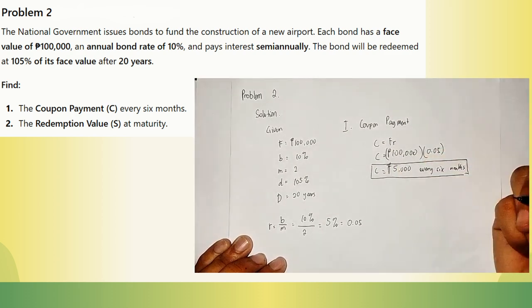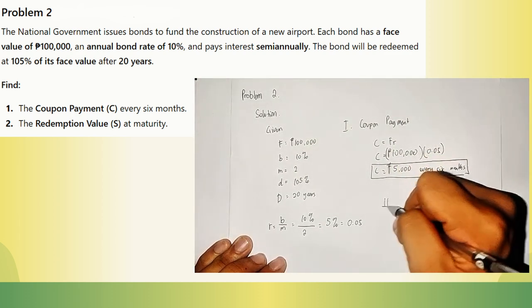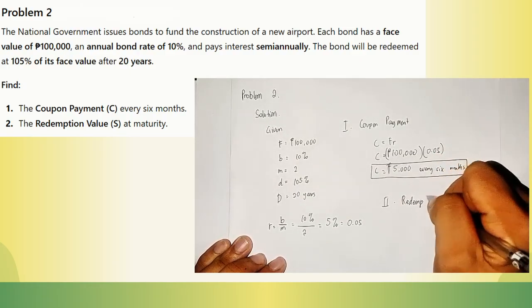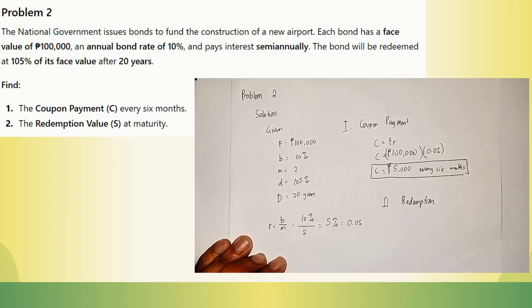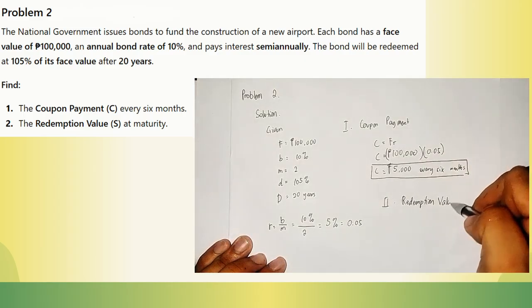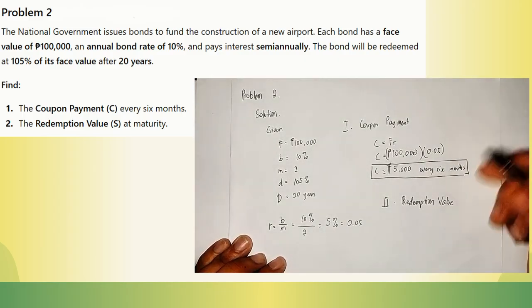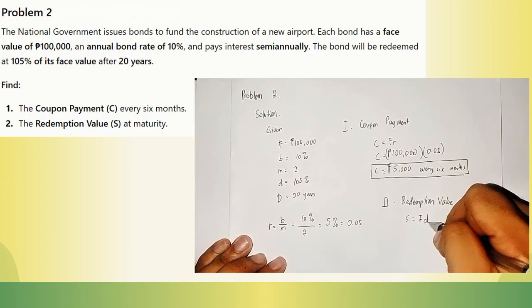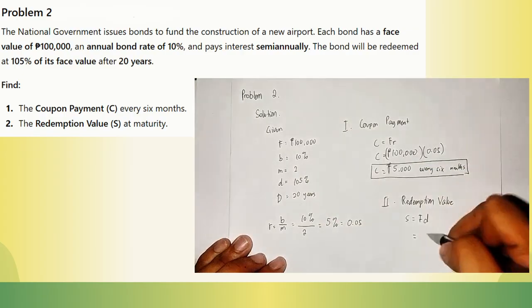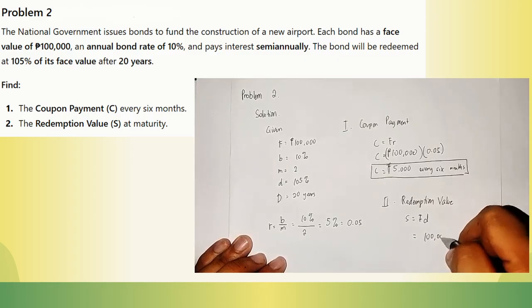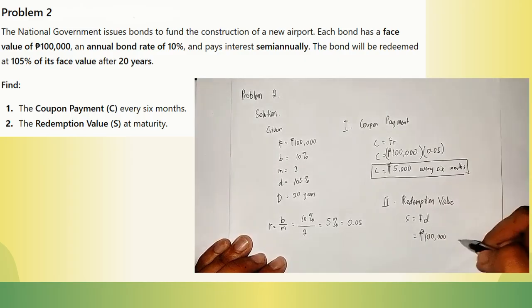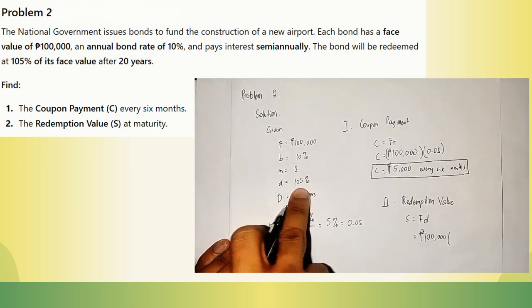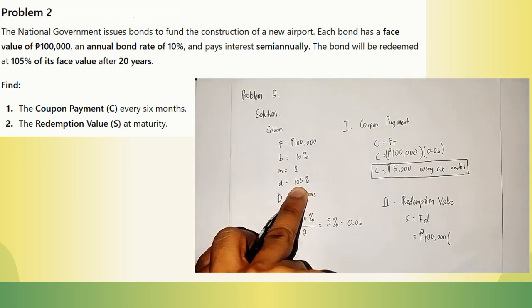Now the second is the redemption value. Finding the redemption value, we have S is equals to FD. So basically our F is 100,000 times D is 105%.